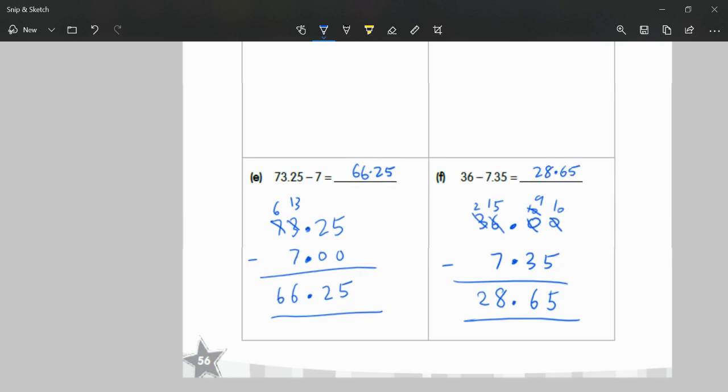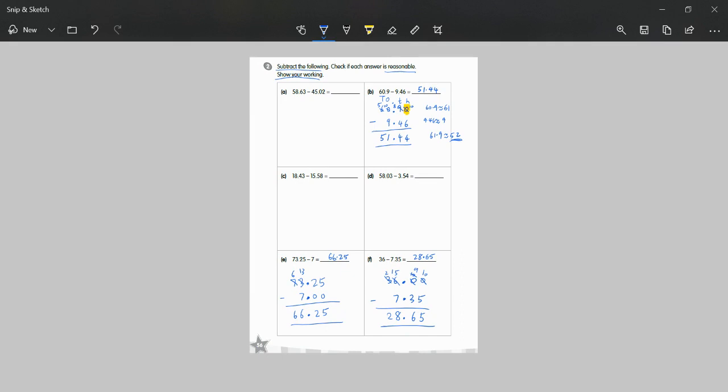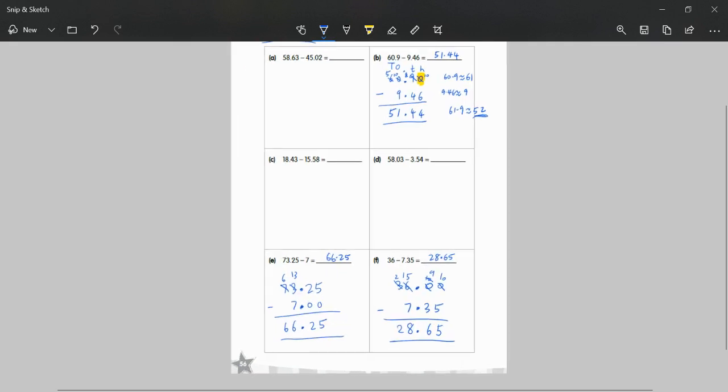Is this okay? So I'll stop share here. You work on the rest on your own. This is page 56. Subtraction of decimals.